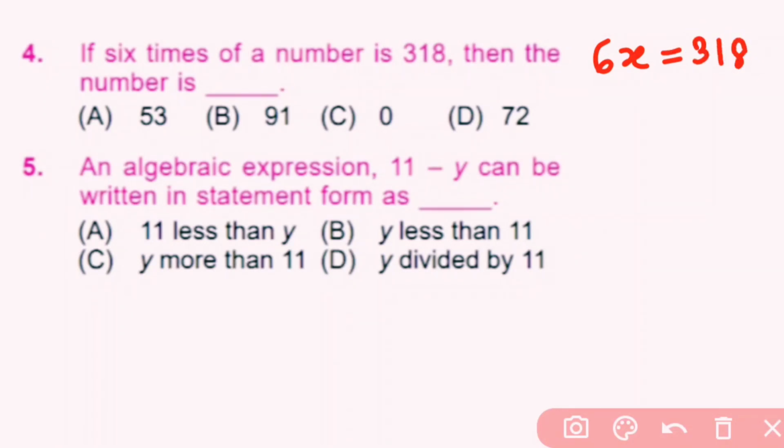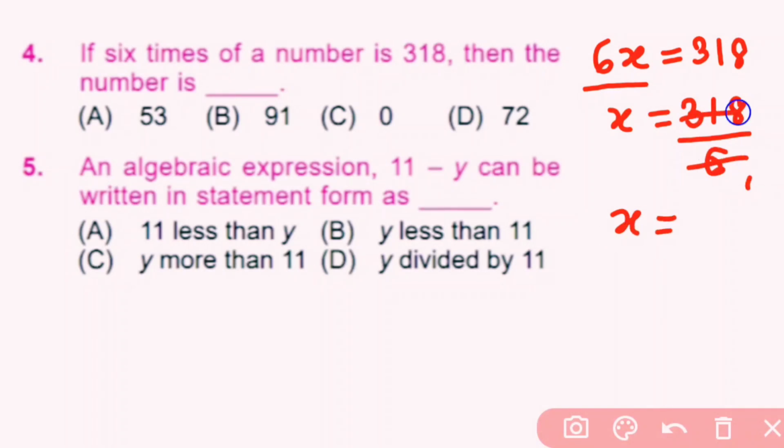So here 6 is in the numerator, so this side it will go in the denominator. So x is equal to 318 divided by 6. So 6 1s are 6, 6 5s are 30, 1 remaining, and 18, 6 3s are 18. So x is 53. Here A is the correct answer.